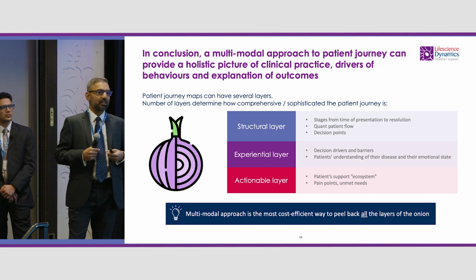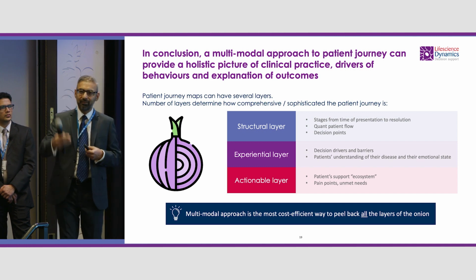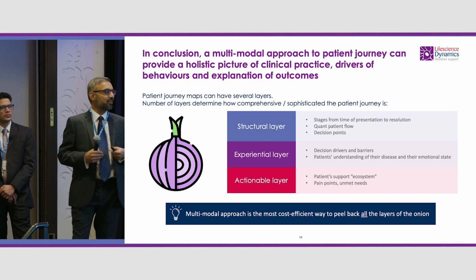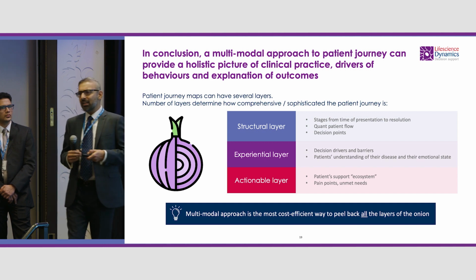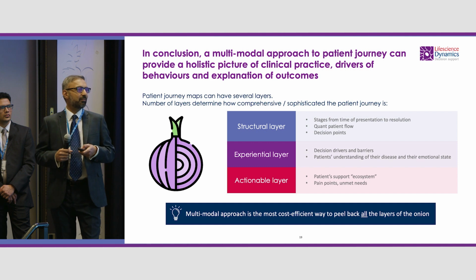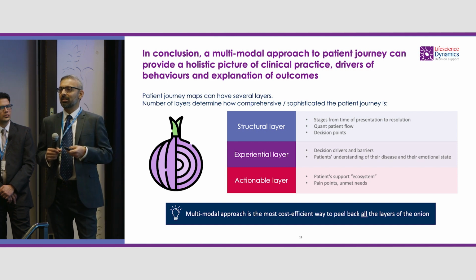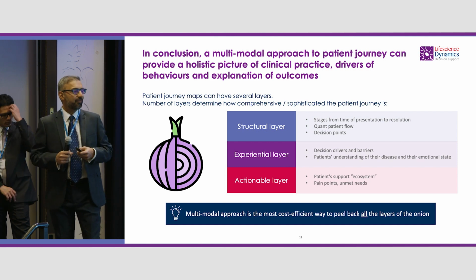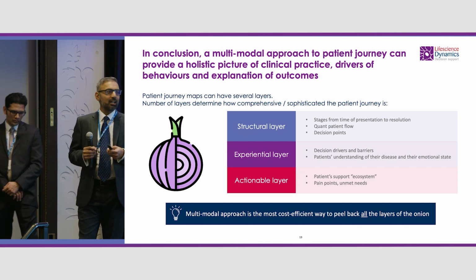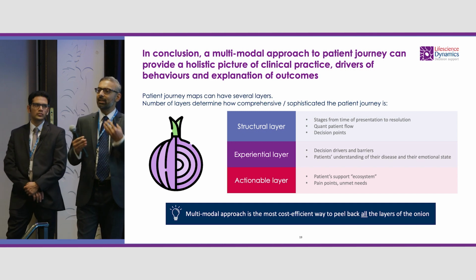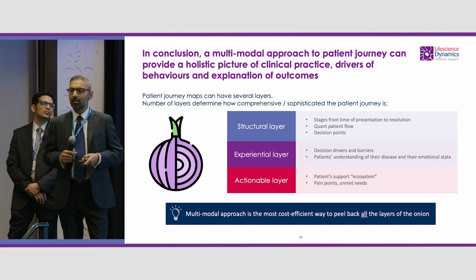It goes into the decision making by the physician on the patient's treatment, and there could be the actionable layer, where it's the support system, the ecosystem of the patient, that is influencing how the patient journey is approached.